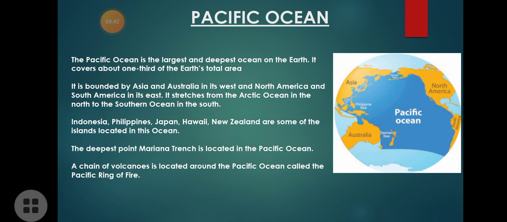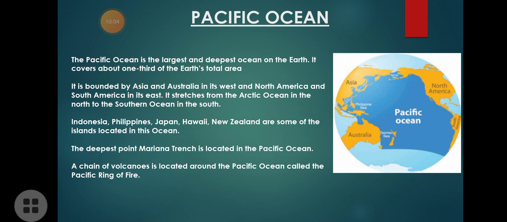And the deepest point of the Pacific Ocean is the Mariana Trench, which is the deepest point in the whole earth. Trench means deep, trench means pallam. கடலில் காணப்படுகிற பள்ளம்.